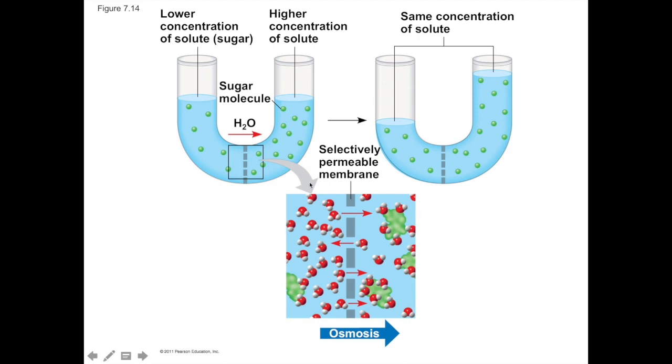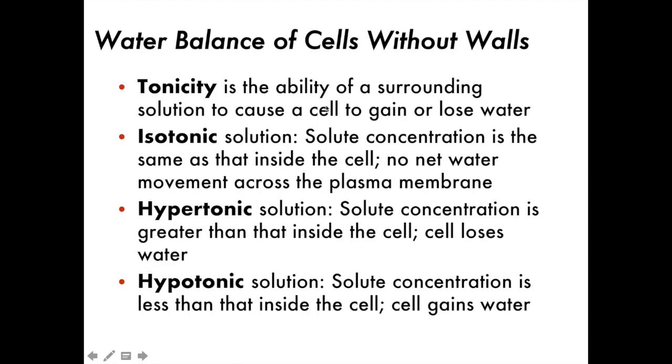At the start of this, we've got a hypotonic, lower concentration of solution on one side, and a hypertonic solution on the other side. So the same kind of thing is going to happen. But if we're talking about a cell which was put into a hypotonic solution, that means that the cell is going to gain water. Cell gains water.